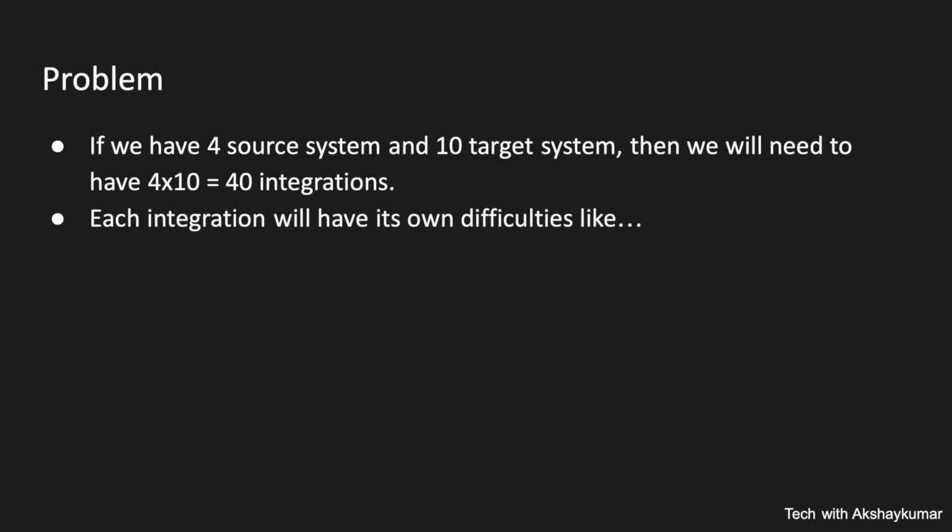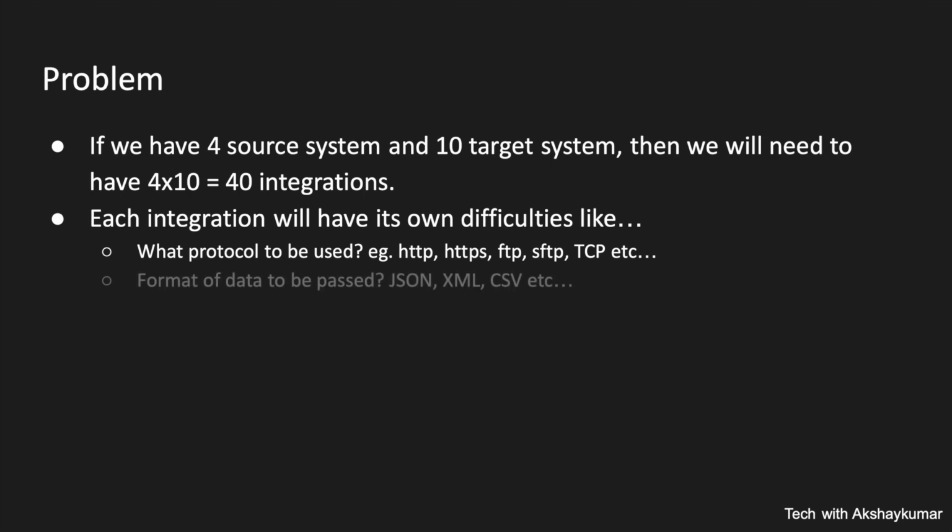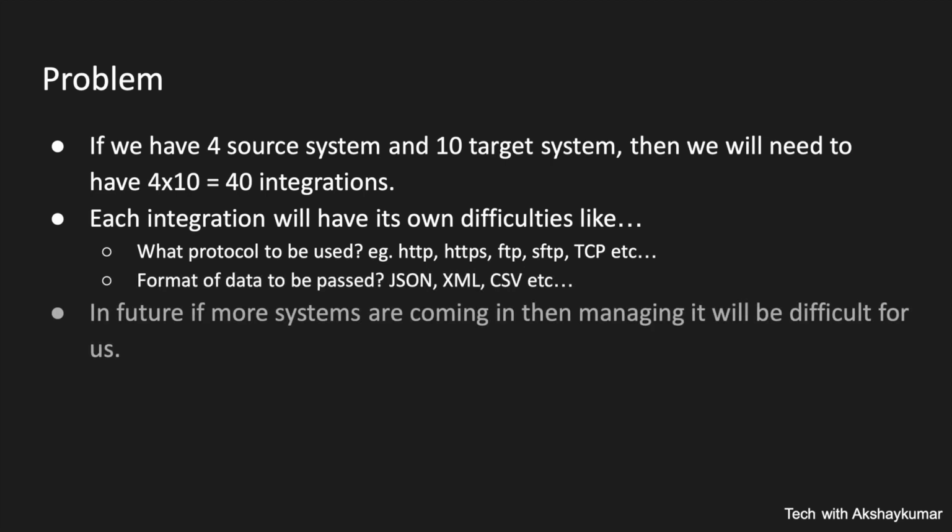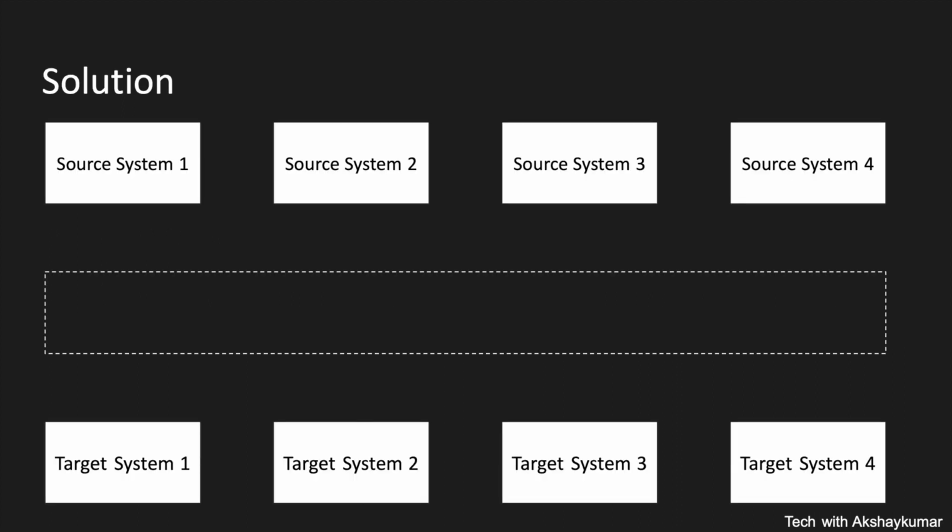Second problem is, each integration will have its own difficulties, like we need to decide what protocol should be used, like HTTP, HTTPS, TCP, FTP, etc., and the format in which data to be sent. And the third one is, in future, if more systems are coming in, then managing it will be difficult for us.